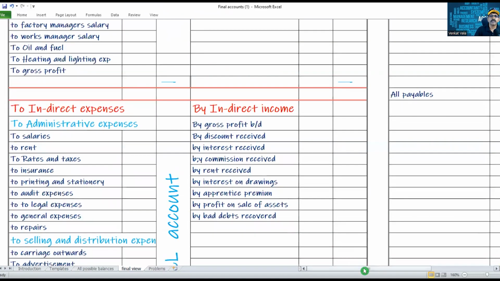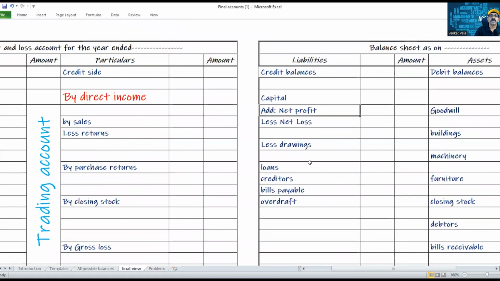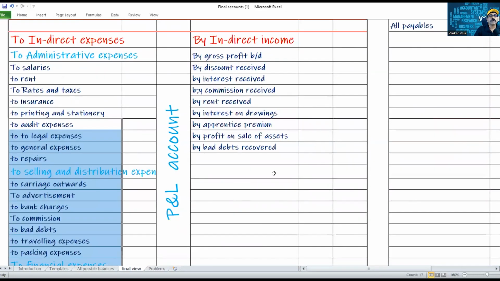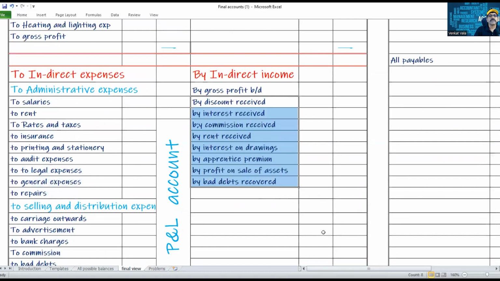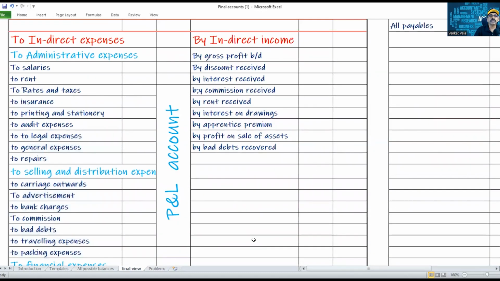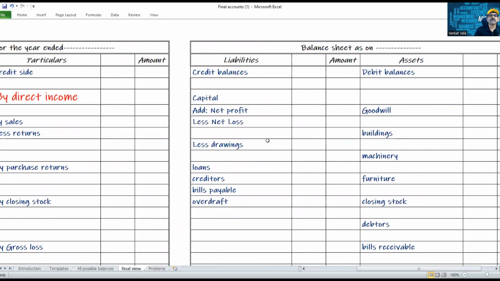This net profit will be added to capital on the liability side. Whereas if the expenses are more than the income, then we'll get a net loss. If it is a loss, then that loss balance will be deducted from capital.